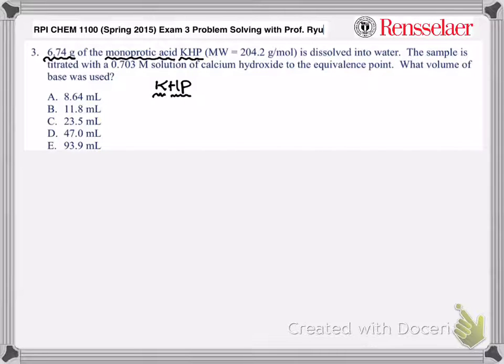You don't have to know the chemical structures, but K is potassium, K plus, and hydrogen phthalate means this is a phthalic acid, in the monoprotic acid form. So this H can be lost in the form of an acid. So make this one a monoprotic acid.